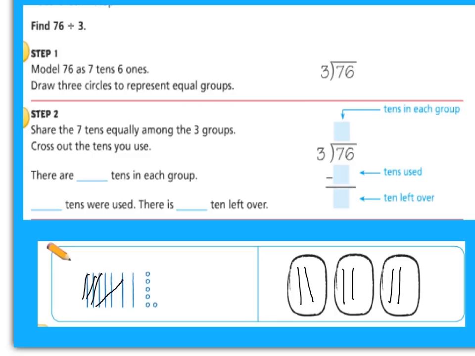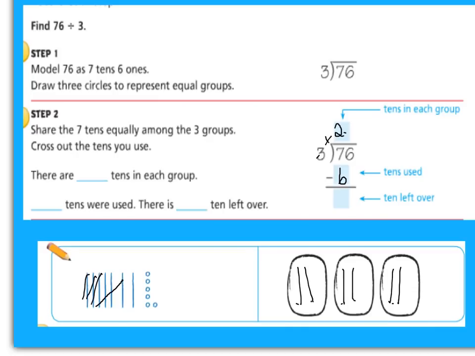So right now I have enough for each group to have 2 10s, which is 3 sets of 20: 10, 20, 30, 40, 50, 60 is 60. So we'll write a 6 here. So we can look at it like 3 times 2 is 6.